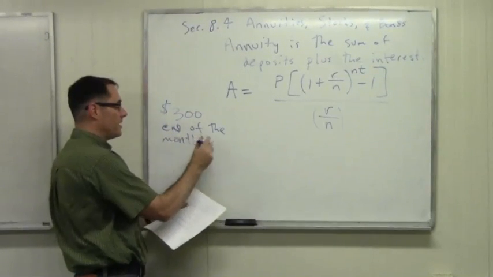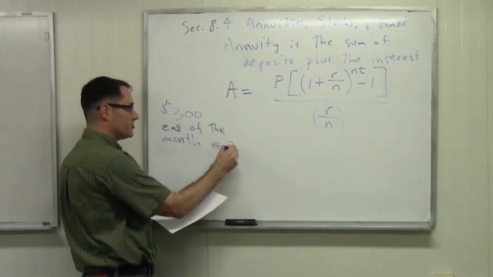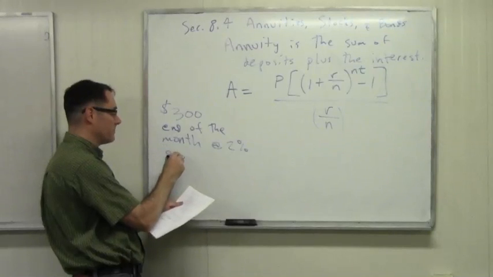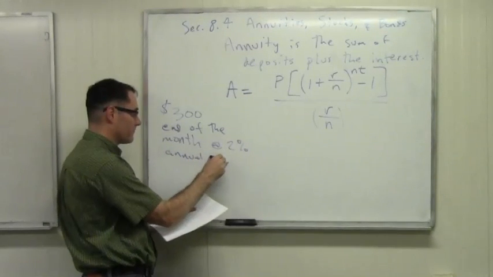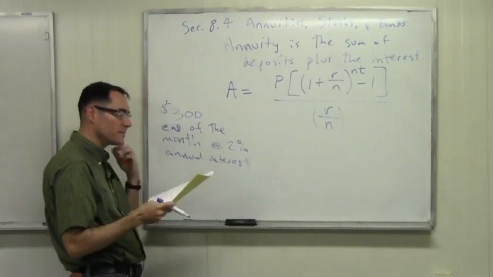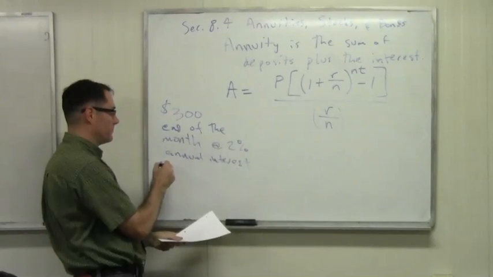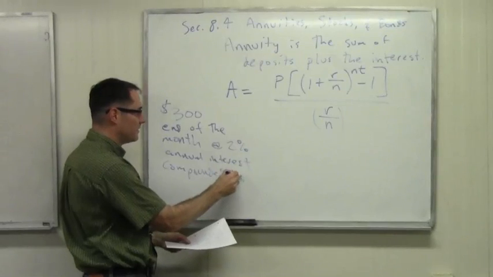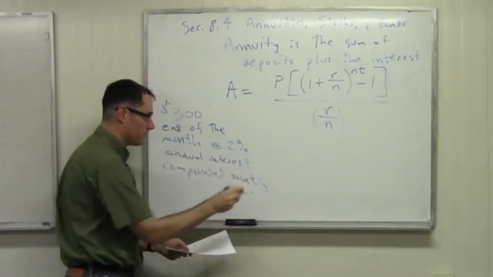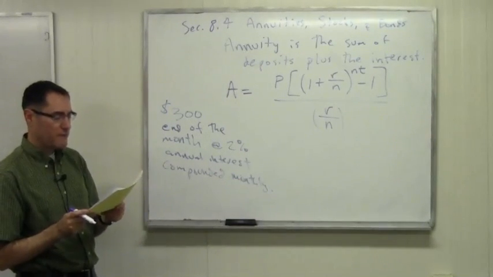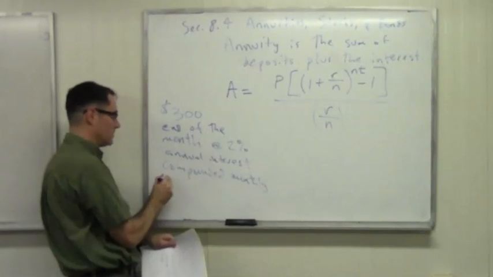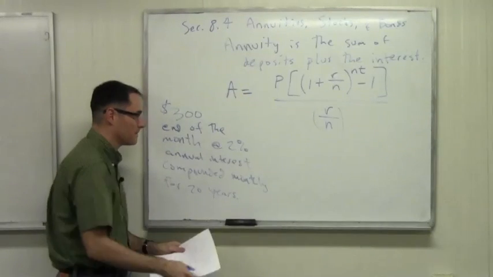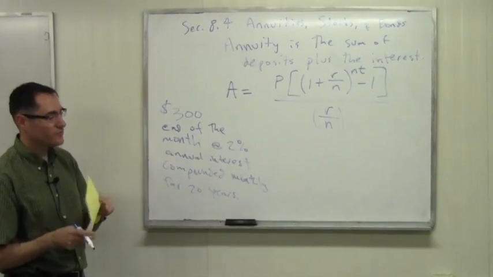At 2% annual interest, compounded monthly, for 20 years. Find the future value.